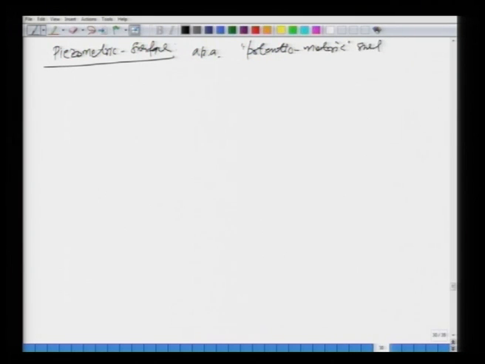The piezometric surface of a confined aquifer is an imaginary surface. Remember, it is an imaginary surface. It does not exist.